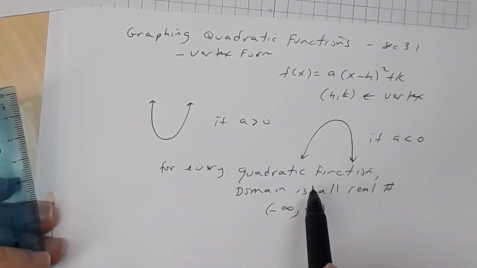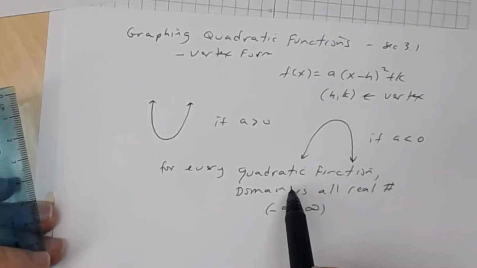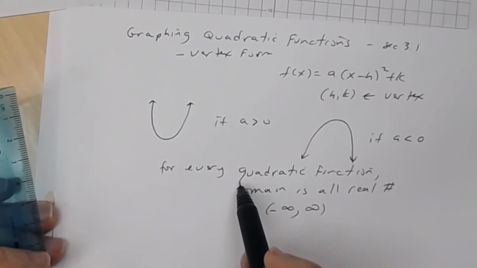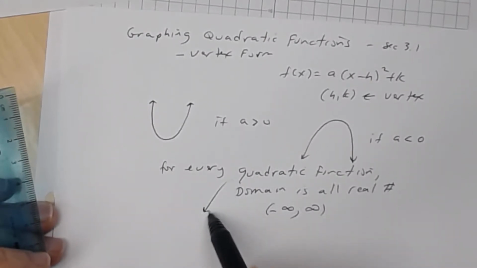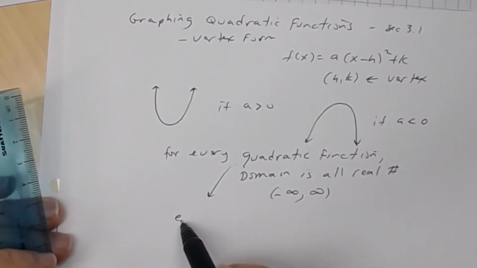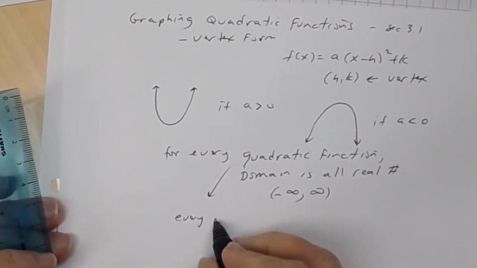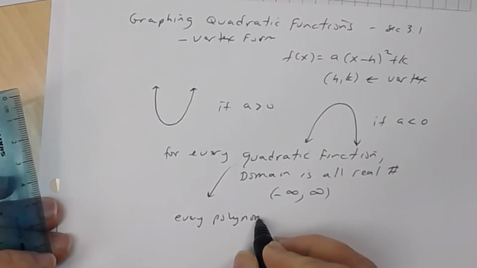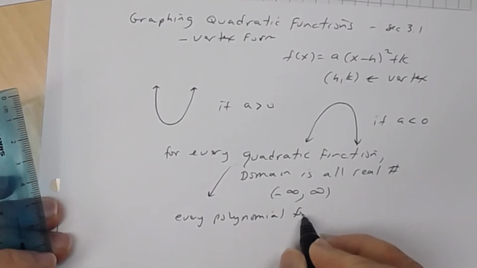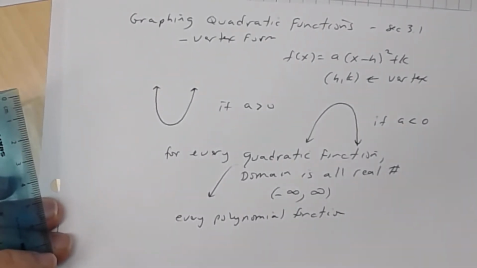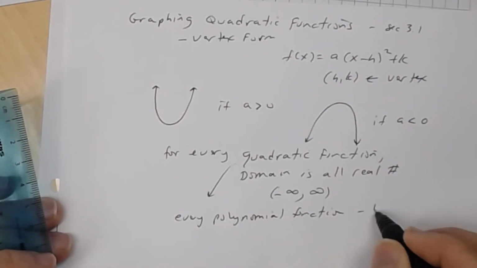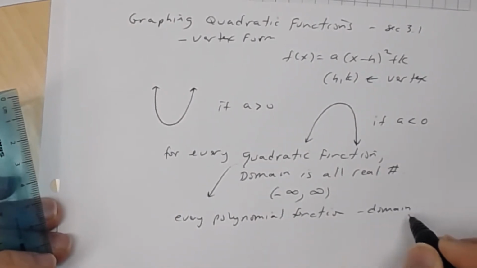And if we get to that point this semester, hopefully we will, you're going to also learn that every polynomial function, and a quadratic function is a polynomial function, has a domain of all real numbers.